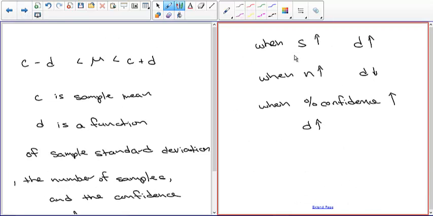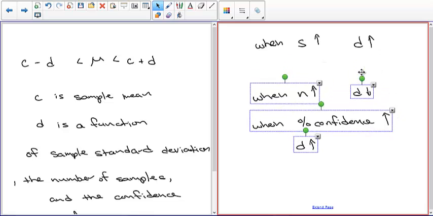Now, in general, if you're trying to estimate the population mean and you want to get a better answer, one thing is that if the standard deviation, so S stands for standard deviation, of the samples goes up, then this number, the plus or minus number, goes up. I'm less confident. So let me just write out what that means instead of with the letters.